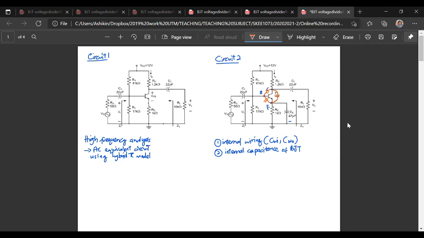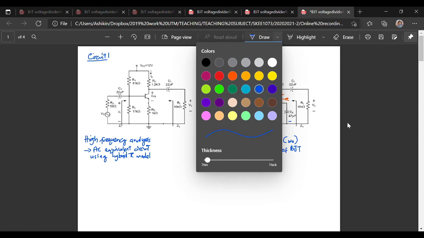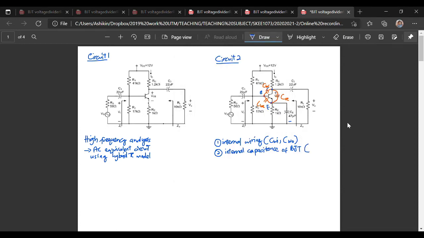So here we have CBC, here we have CBE, and another one is CCE. Okay, so I label these 3 values here, CBC, CBE, and CCE. So we have 5 capacitors that we need to consider in our calculations.